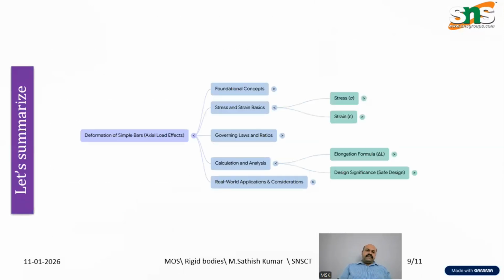So coming to the mind map of this lecture, deformation of a simple bar is branched into foundational concepts, where we have seen stress and strain basics, governing laws and ratios, calculation and analysis, where we had a small elongation example, and the design significance for safer design.